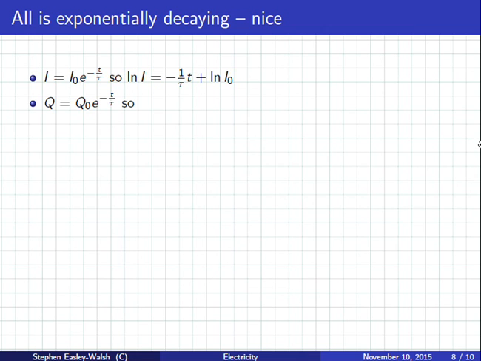So now you have log I equals log I0 minus 1 over tau t. What's the value of tau? We don't know yet. It's a constant.